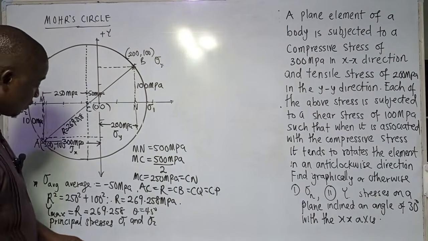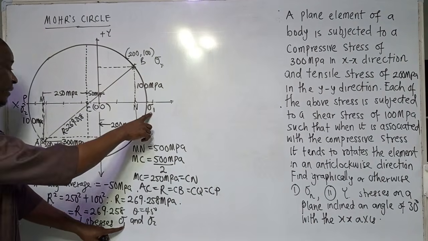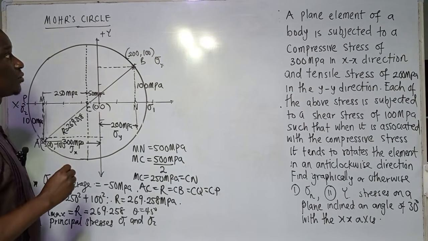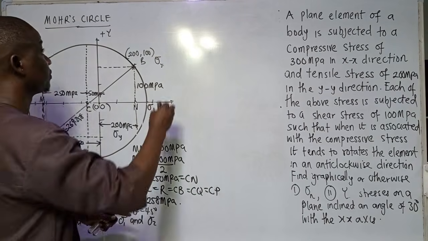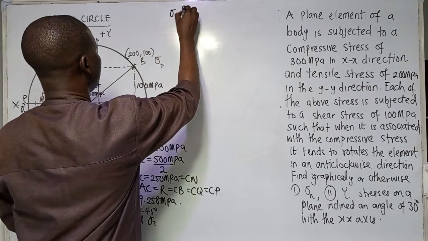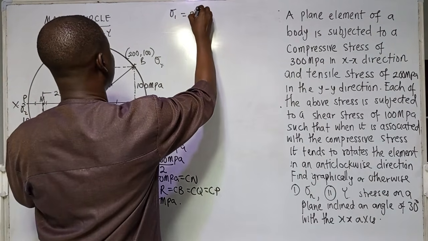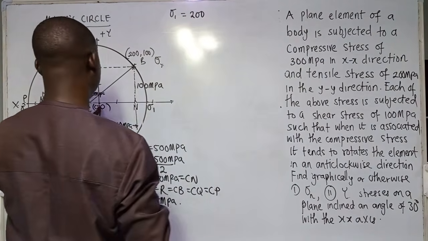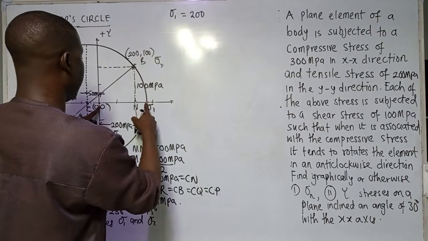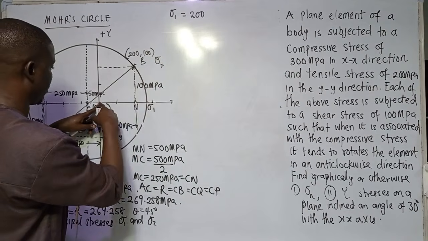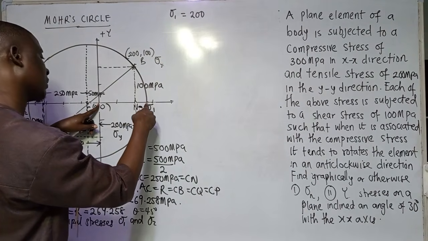Now, since we want to get Q1 and Q2, first, to get Q1 is equal to what? 200, which is from here to this place.